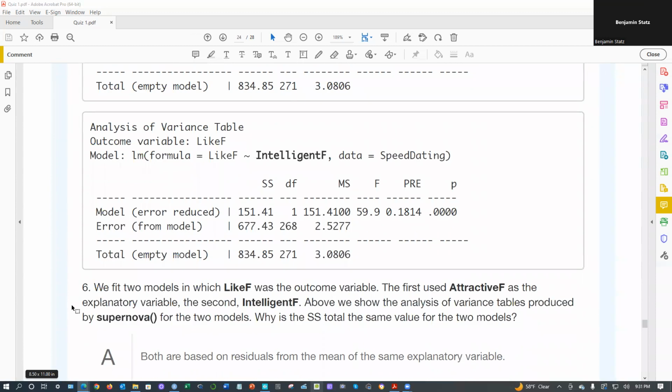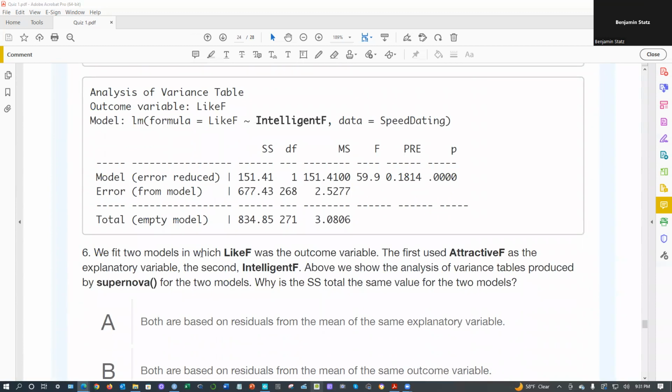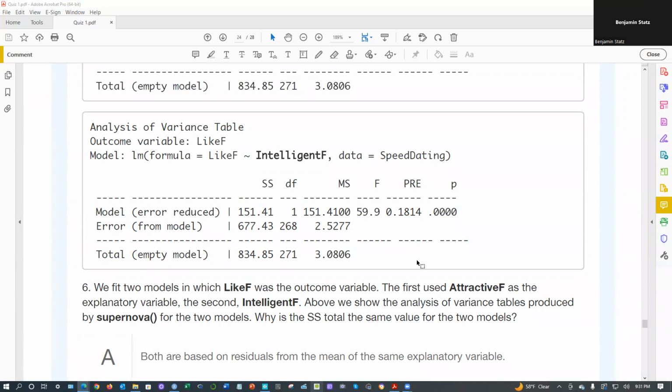Then if you go to this one, we fit two models in which like F is the outcome variable. The first uses attractive F as the explanatory variable, the second intelligent F. Above we show the analysis of variance table produced by supernova for these two. Why does the SS model have the same value for the two models? SS total, see?